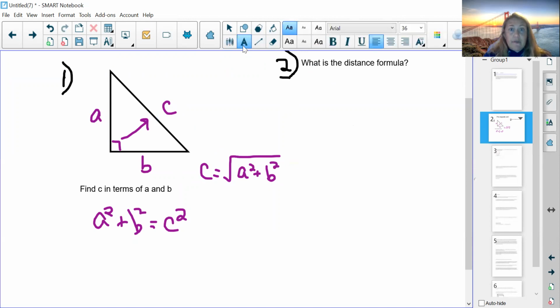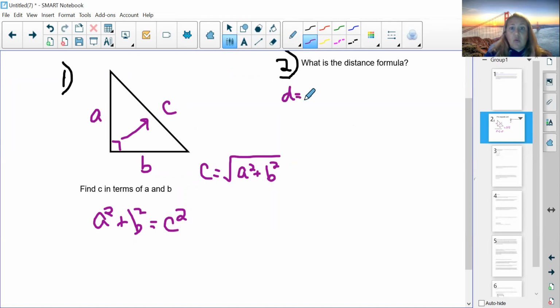And then over here for the distance formula, distance is equal to the square root of the difference in the x coordinates. You either can write x sub 2 minus x sub 1, or sometimes x naught minus x sub 1, plus, and students sometimes have a hard time remembering that it's plus in between, and then the difference in y values, y2 minus y1.